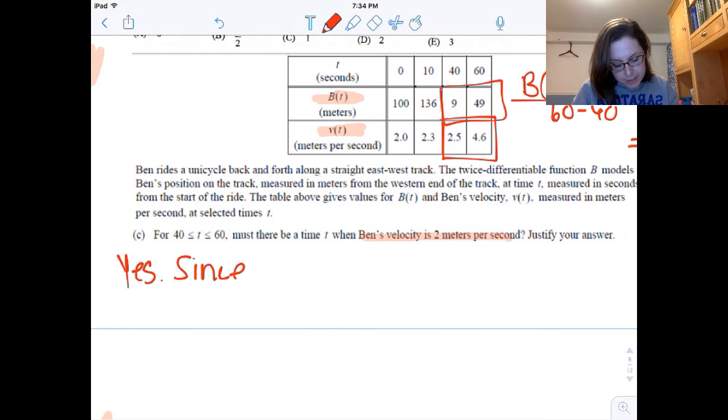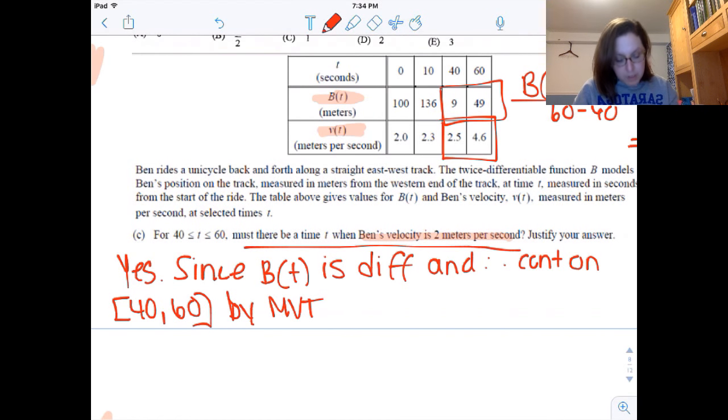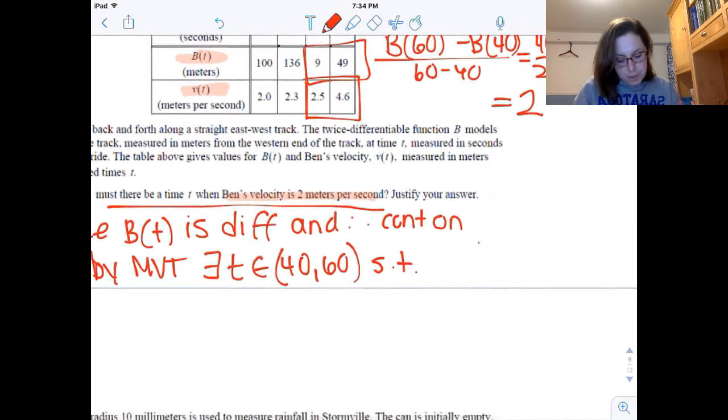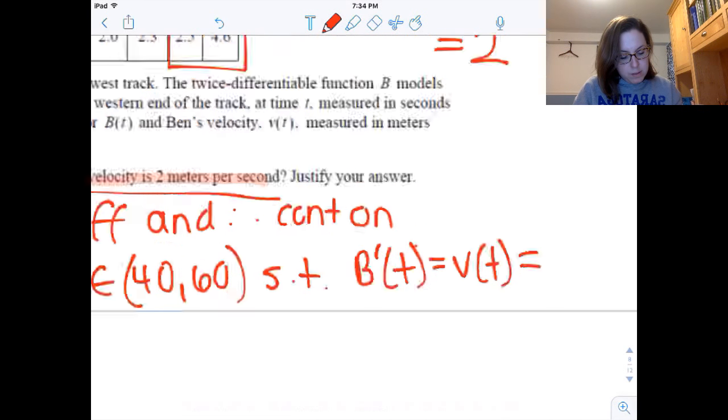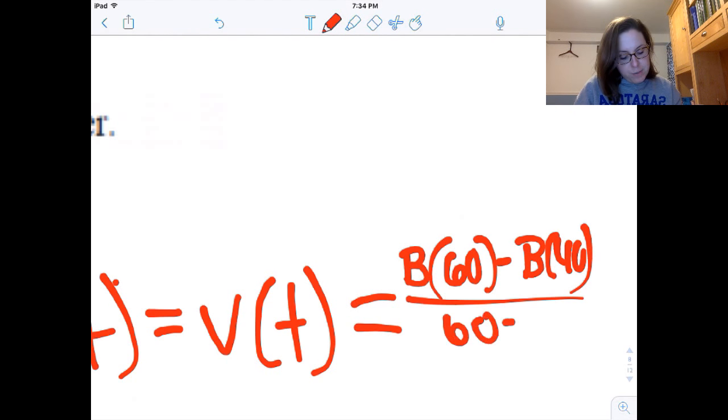since B of t is differentiable and therefore continuous on 40 to 60, by MVT, and I'm copying here, literally, there exists a t in 40 to 60 such that B prime of t, which happens to be V of t, equals, I'm going to fit this in, B of 60 minus B of 40 over 60 minus 40, which equals 2.